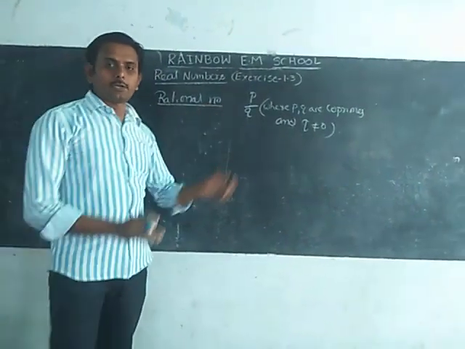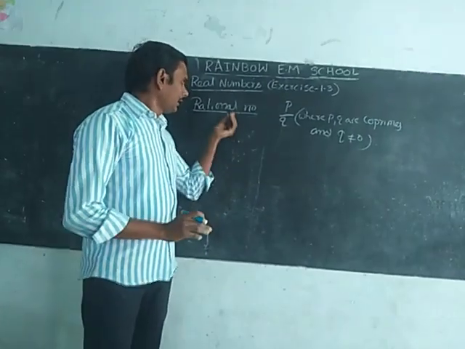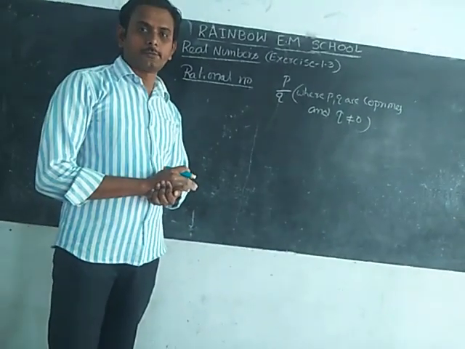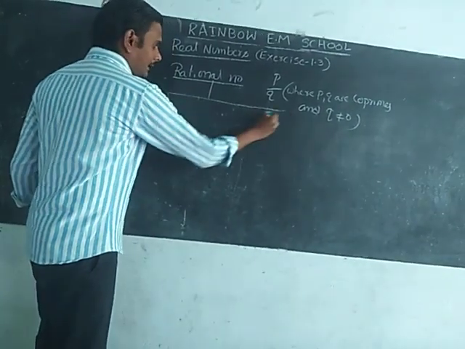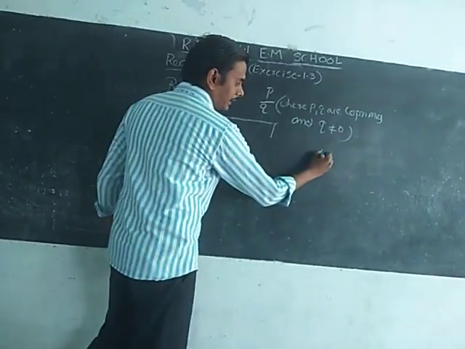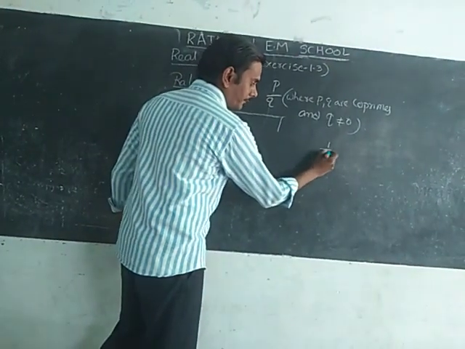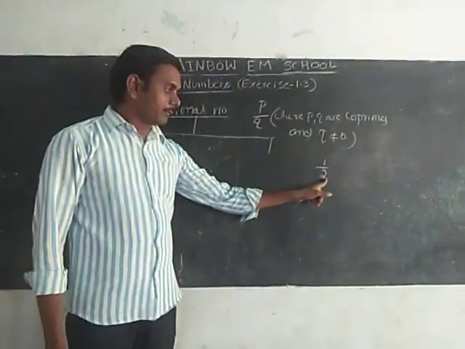Every rational number we can express in decimal form. Basically, every rational number has two types of decimals. What are those? If I take one example, 1 by 2, numerator 1 and denominator 2.